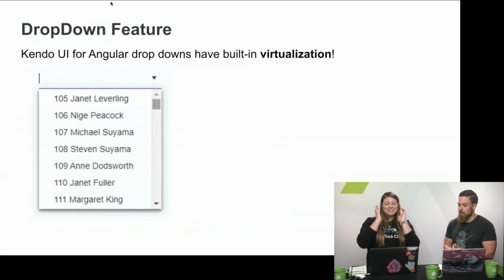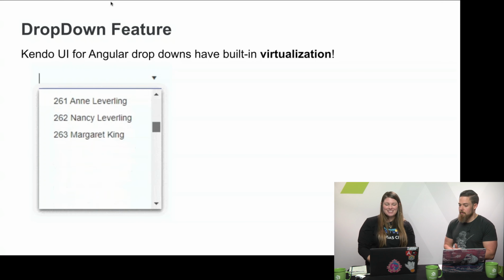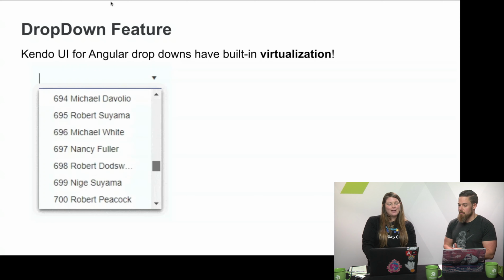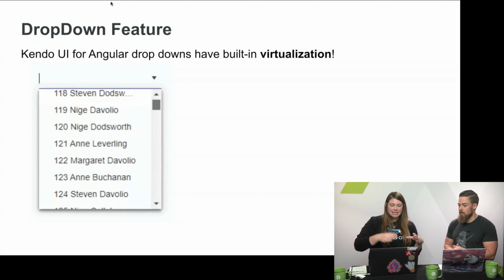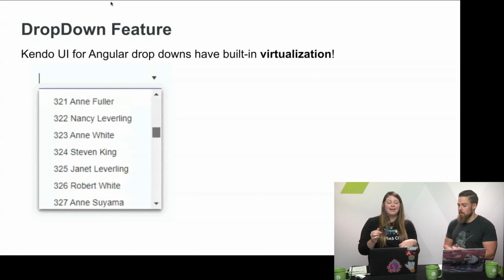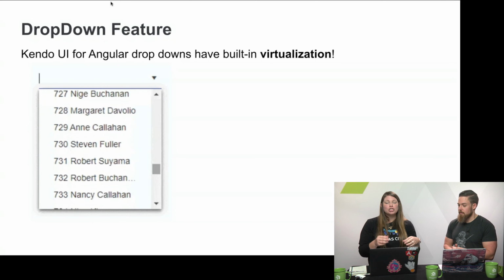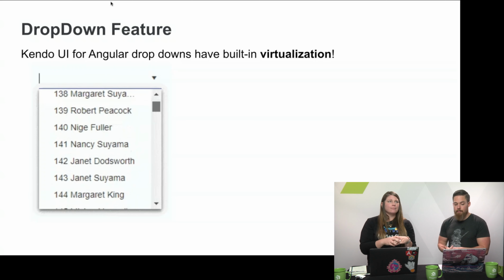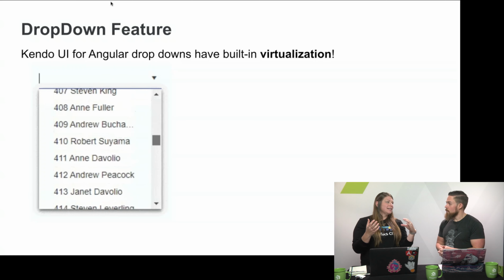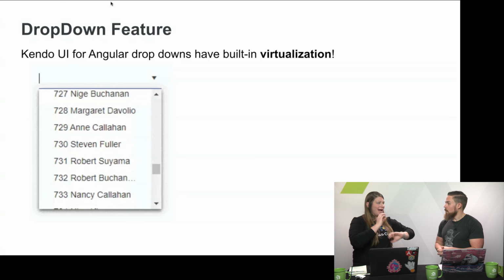The next one, virtualization for our dropdowns. So excited about this for the Kendo Angular UI dropdown. As you can see in the GIF, this dropdown has so much data going on, and it's just virtualizing. I'm assuming it's like virtual loading, right, where it's unloading and loading what it needs to as it scrolls.